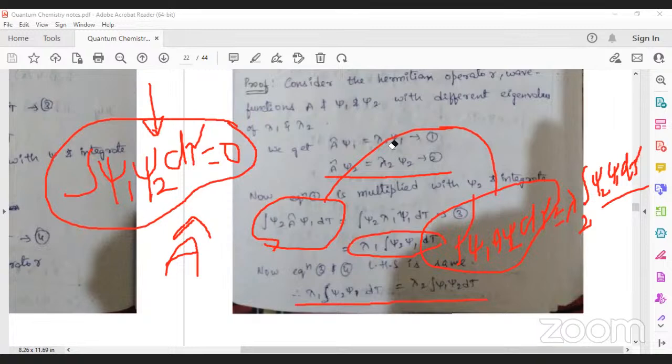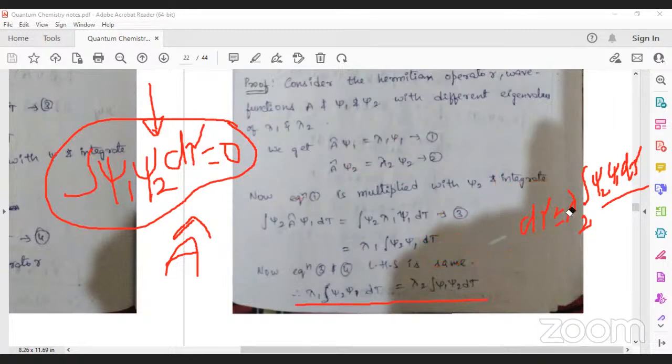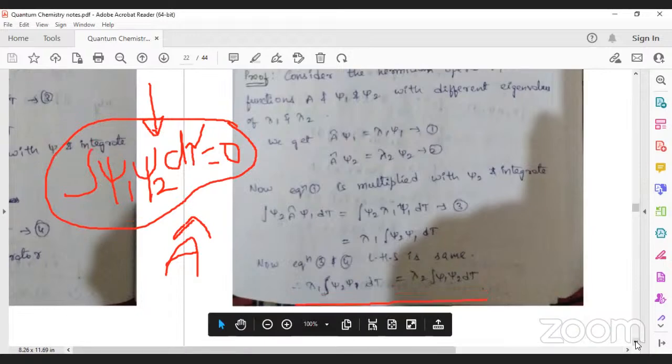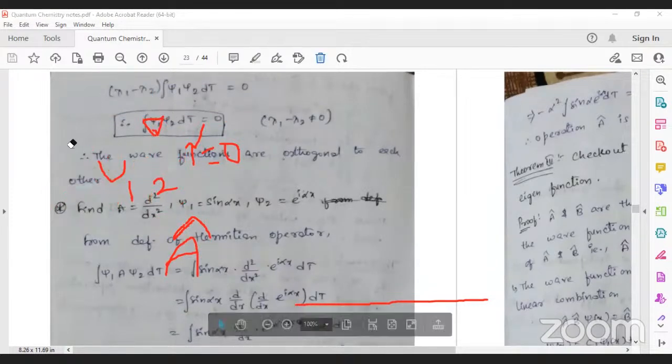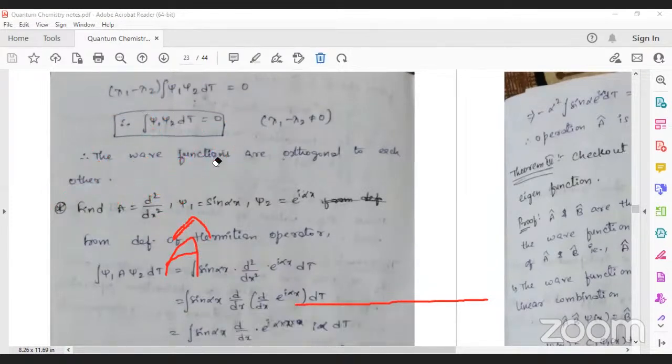The same procedure and phenomenon that we did previously. So this is the equation we'll get. What we are going to do is simply bring the right hand term to the left hand side.